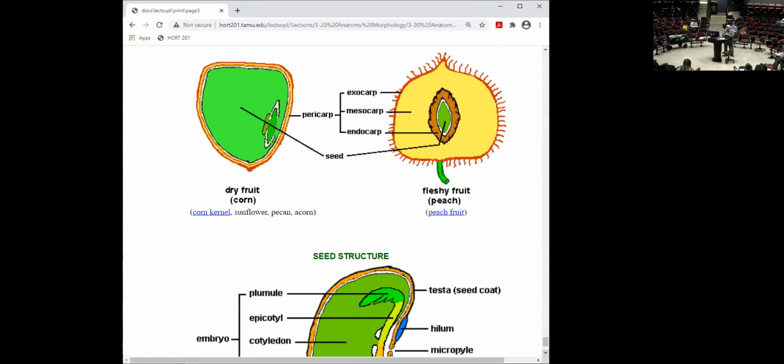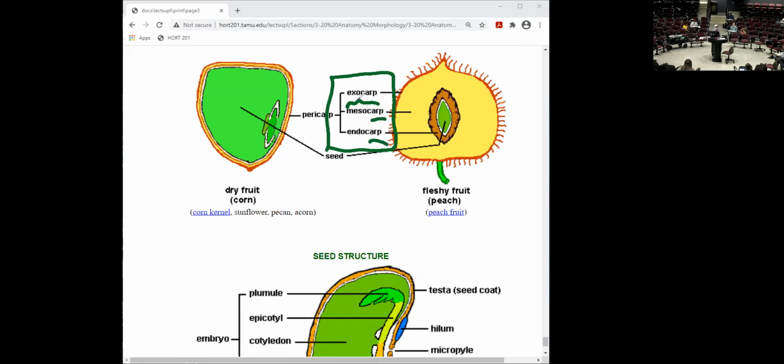On some fruit, you can see up to 3 layers. If you look at a peach fruit, you can see up to 3 different layers. And they all end in carp, for carpel. What does exo mean?